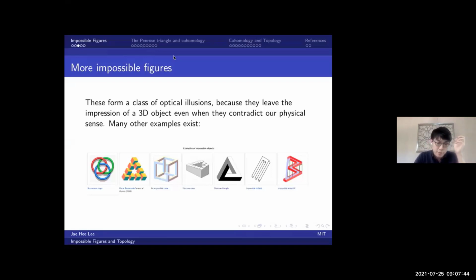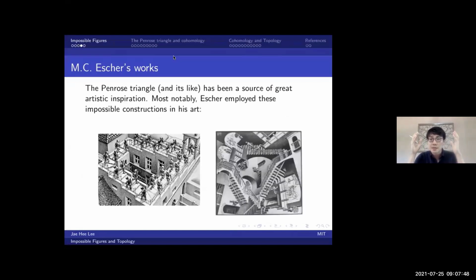But let me quickly mention that the idea of using these figures as symbols of certain impossibility has philosophically been a great source of artistic inspiration. Most notably, the very famous acclaimed artist MC Escher employed these kinds of impossible constructions in a lot of his works. And you can see that the Penrose staircase appears in one of his works.